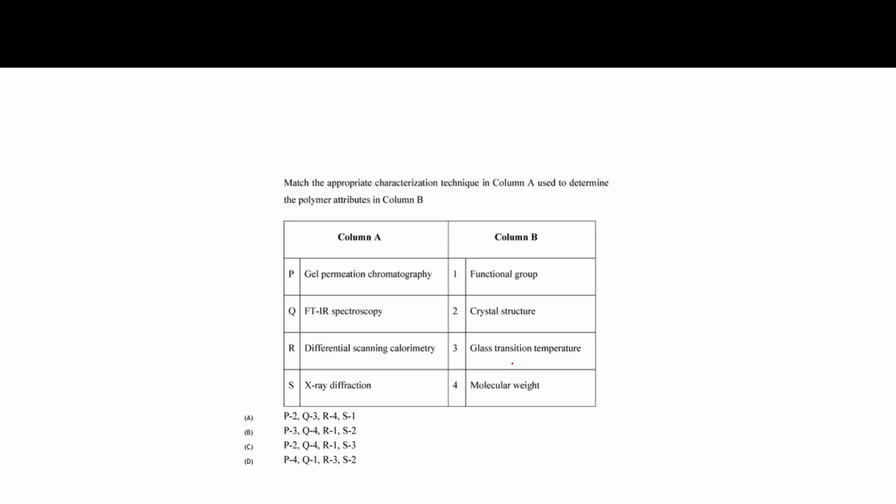Match the appropriate characterization technique in column A to the polymer attributes in column B. You know about gel permeation chromatography. I also talked about gel permeation chromatography, a polymer technique where we can get the molecular weight of the polymer. Next, FTIR spectroscopy is involved in identifying the functional group.